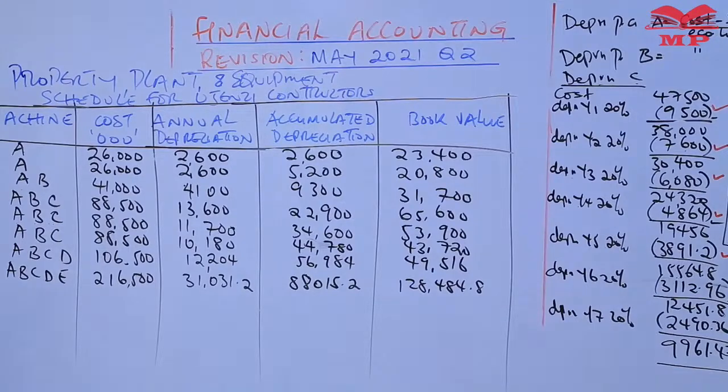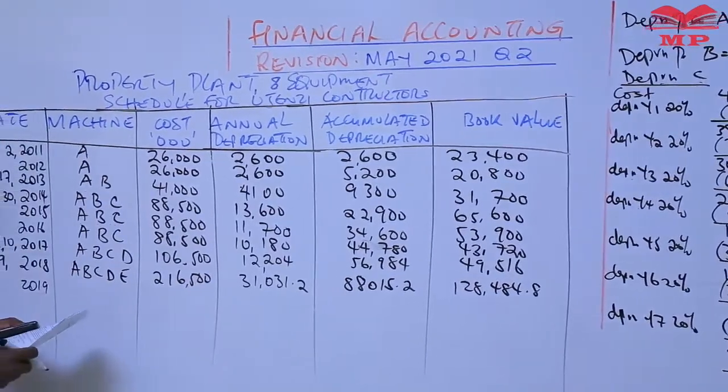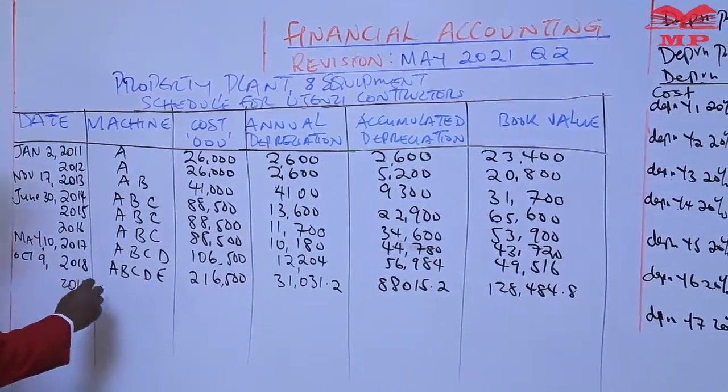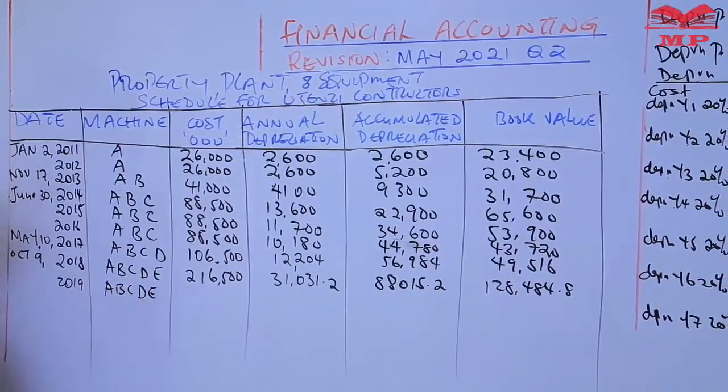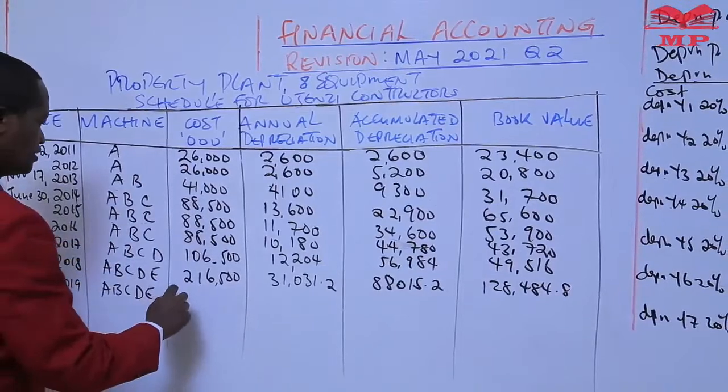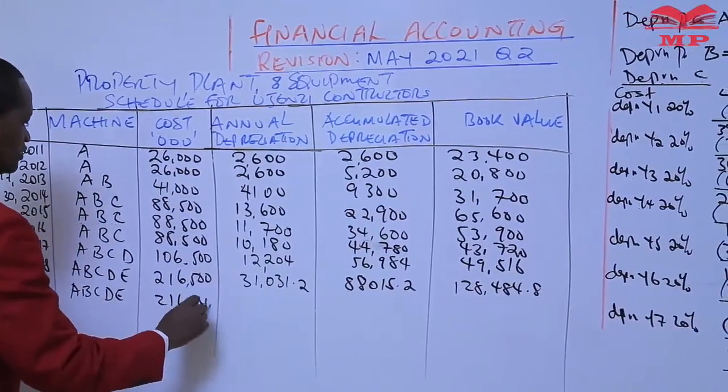We move to the next year, 2019. There is no purchase in 2019. The machines still remain A, B, C, D, E. The cost remains 216,500.